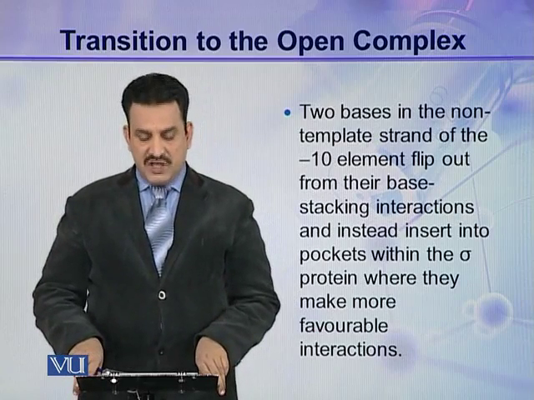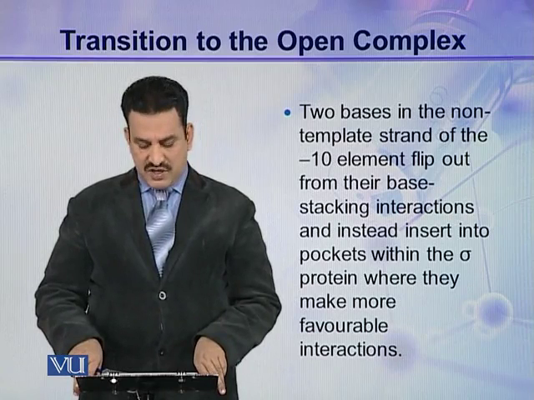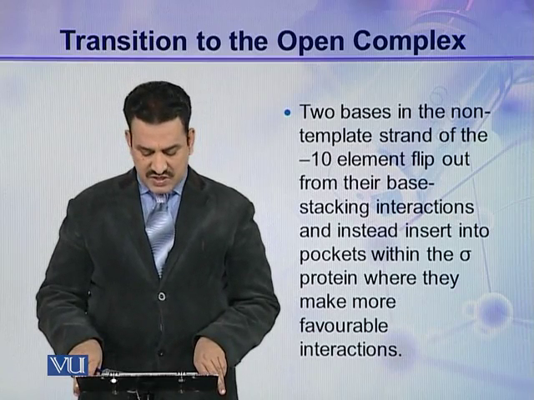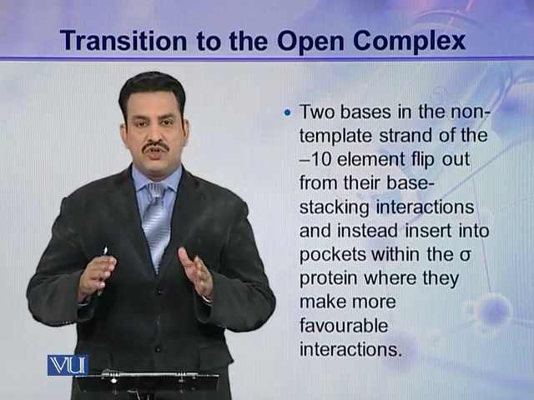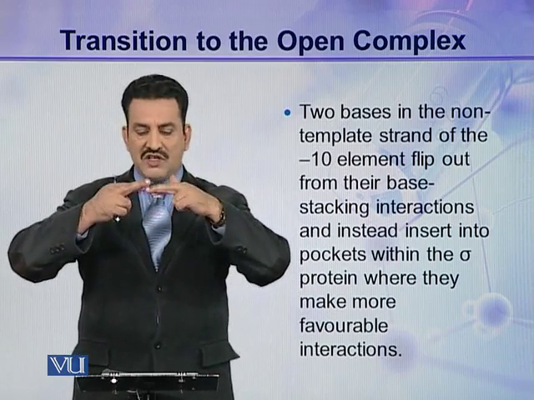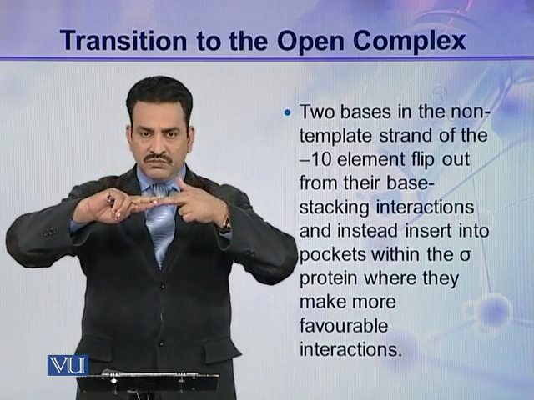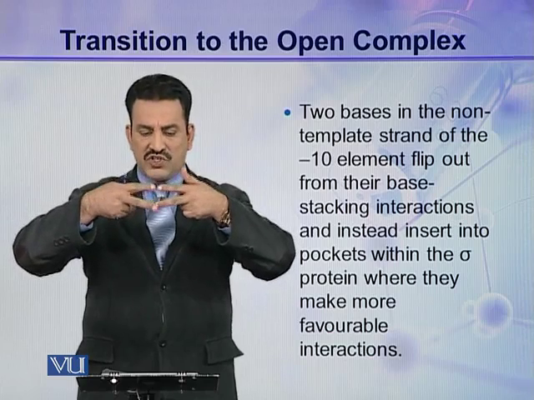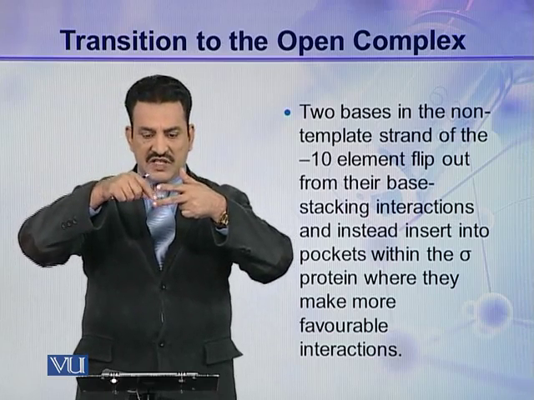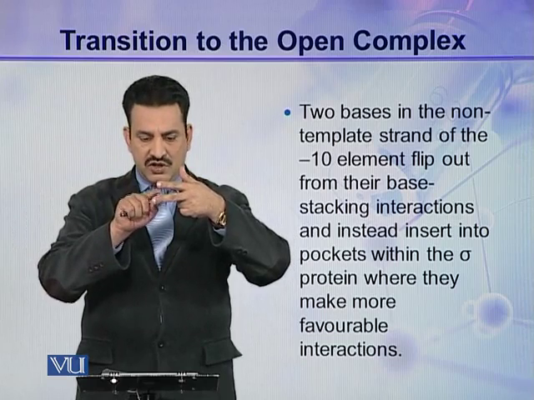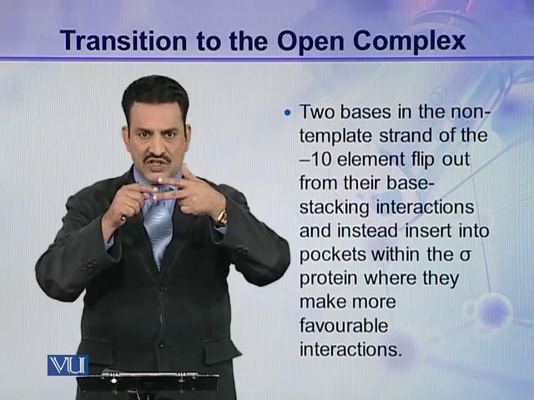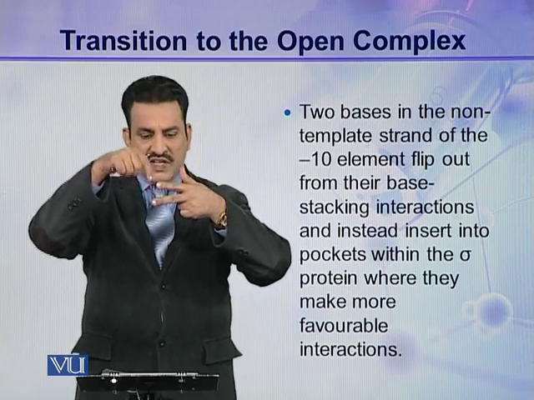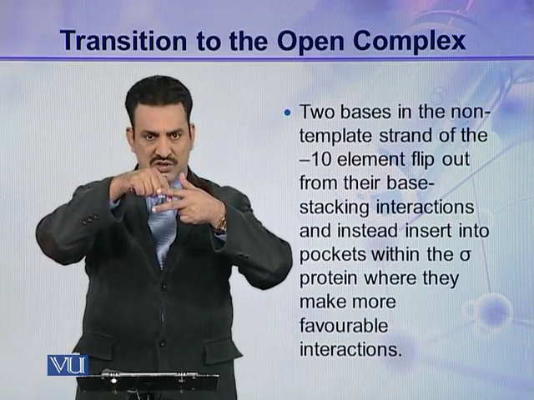Two bases in the non-template strand of the -10 element flip out from their base stacking interactions. So you know, in the double-stranded DNA, in the center of strand, the bases of two strands interact with each other, and this we call base stacking interaction.